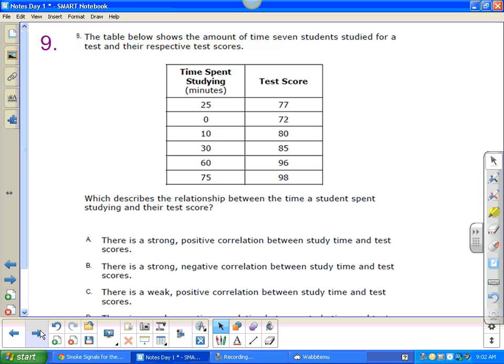Okay, number 8, or number 9. The table below shows the amount of time 7 students studied for the test and their respective scores. Which describes the relationship between the amount of time a student spent studying and their test score? So I want the correlation coefficient.